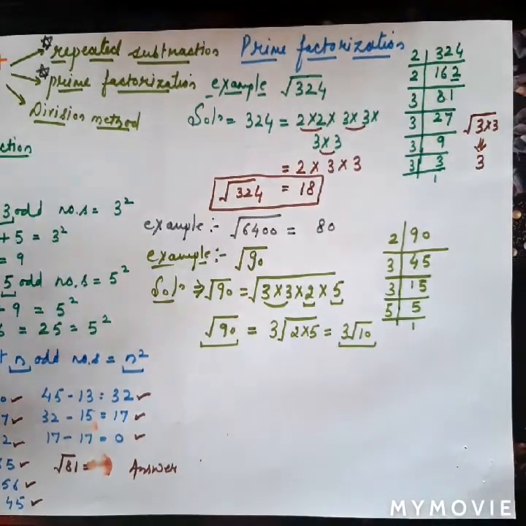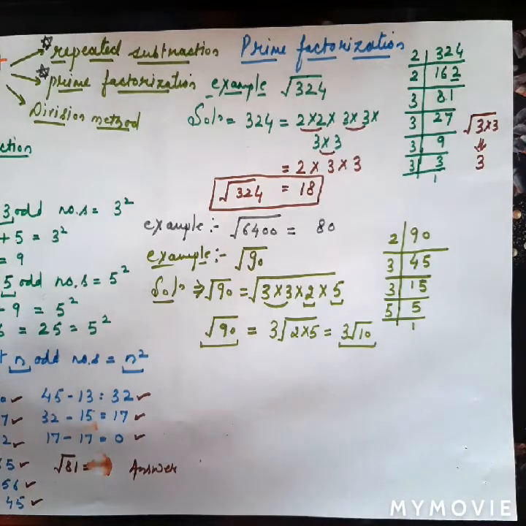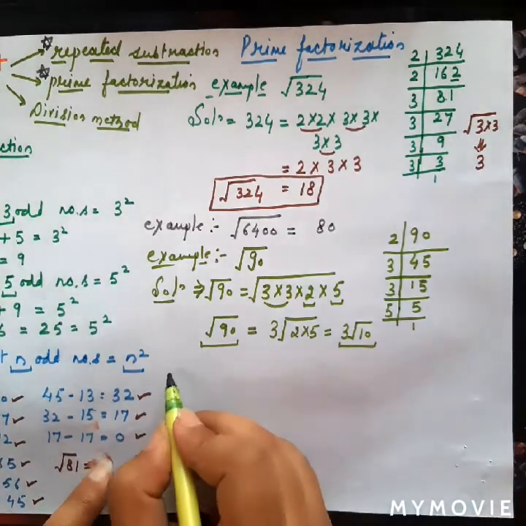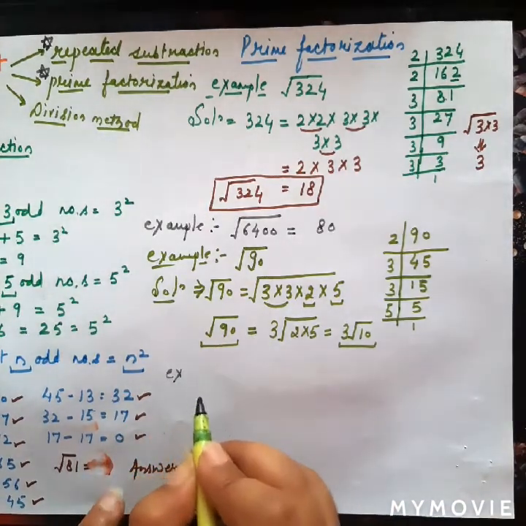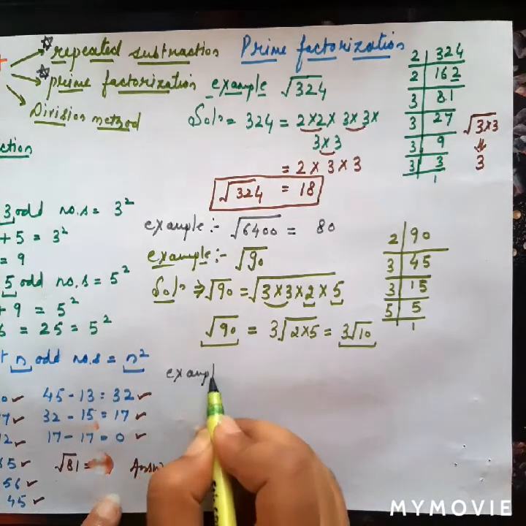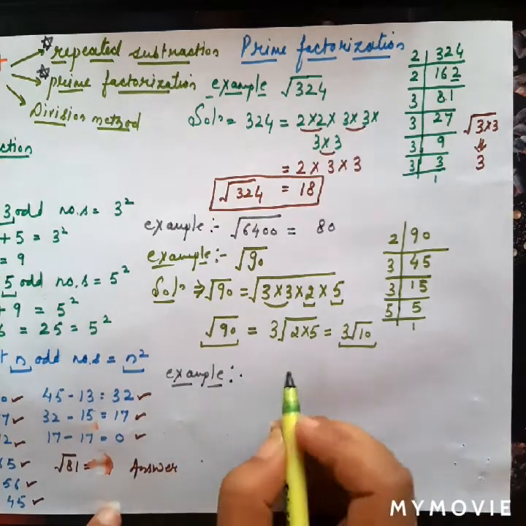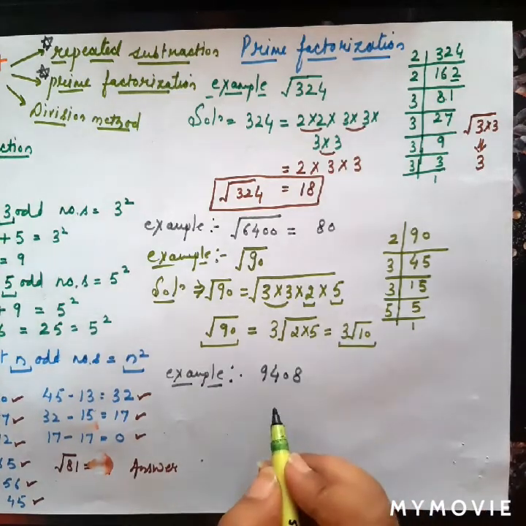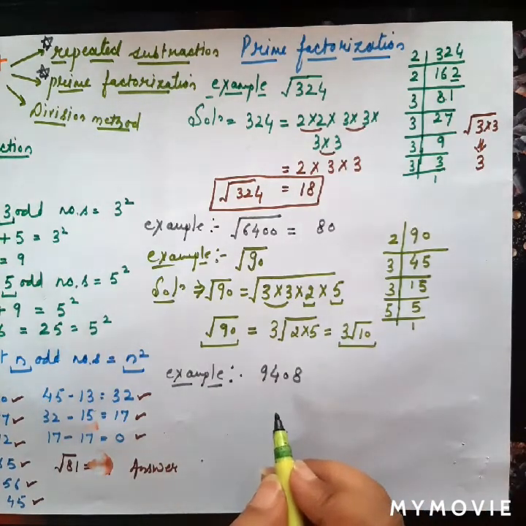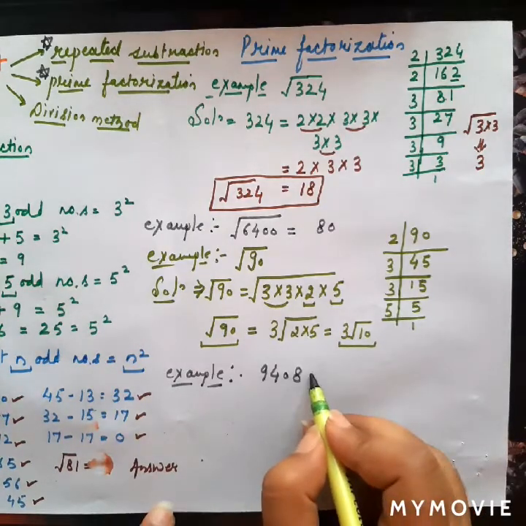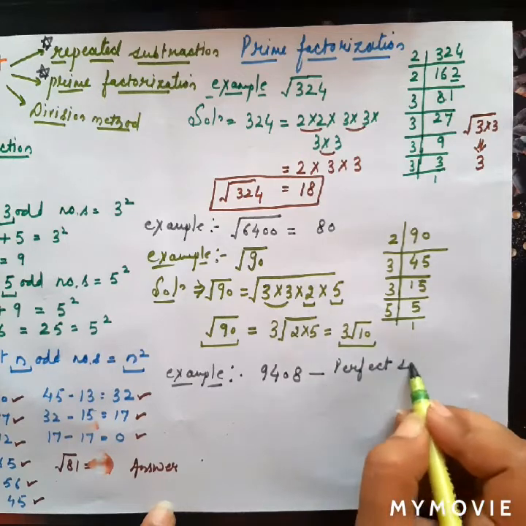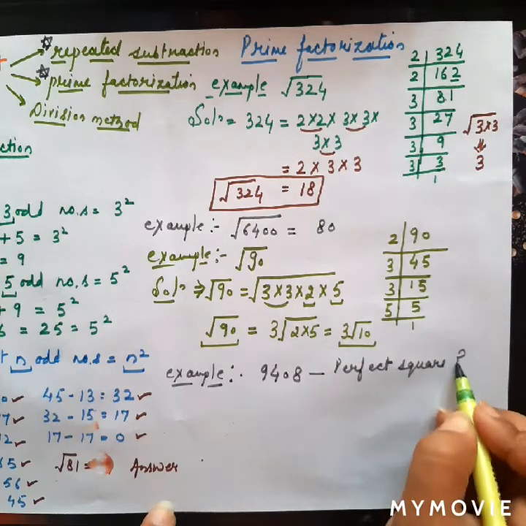And the next question I would like to focus on is, in case you are given any number, let us say you are given 9408, and they are saying that, first of all, tell whether this is a perfect square or not. First thing you have to find is whether it is a perfect square. How can you say this is a perfect square?